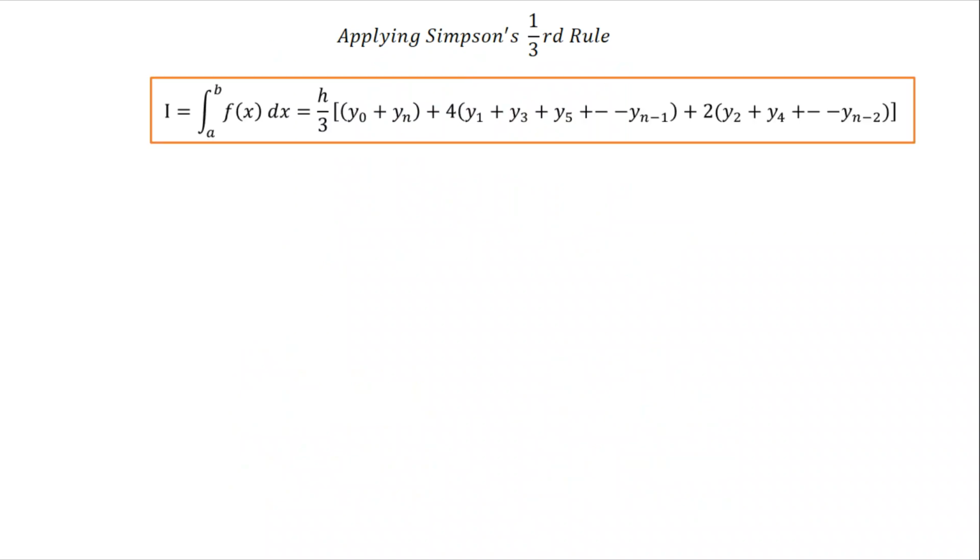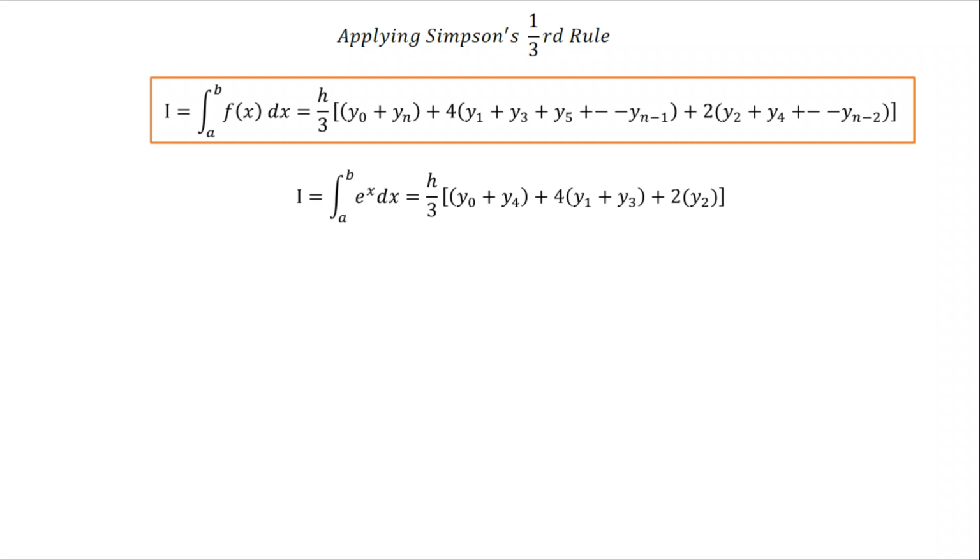Simpson's 1/3 formula. So we have the Simpson's 1/3 formula. Apply it here. In the general form there is h by 3 into y0 plus yn, the first term, plus 4 into odd terms plus 2 into even terms. So we will prepare this for our particular function and limits. Then h by 3.